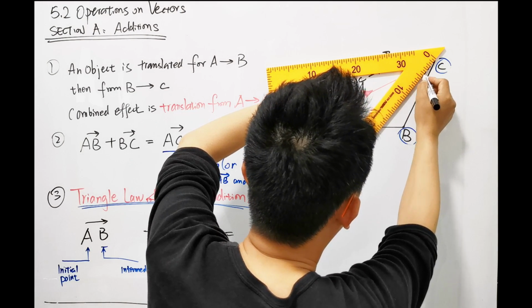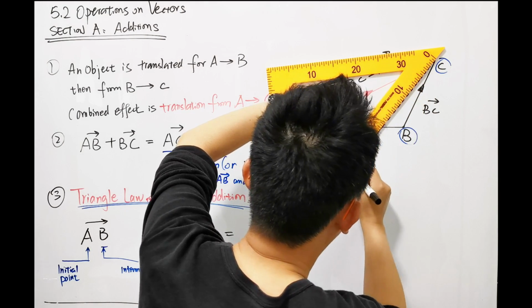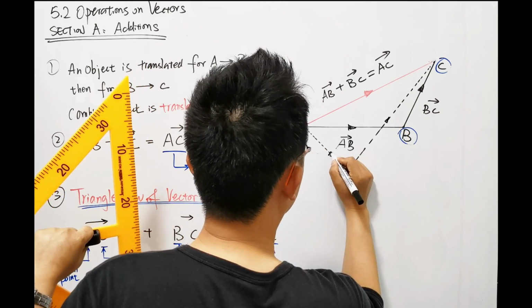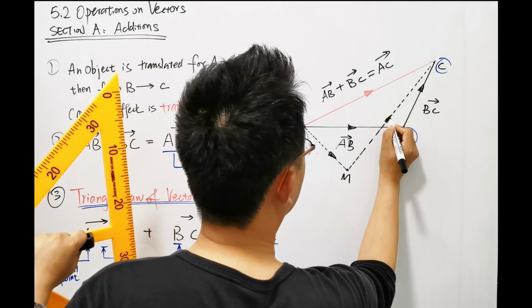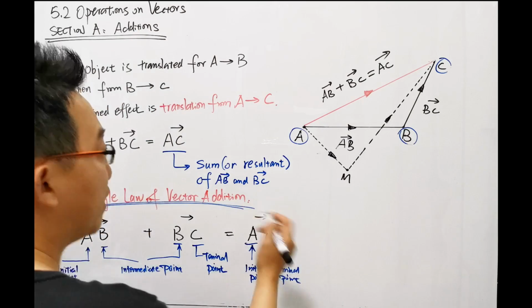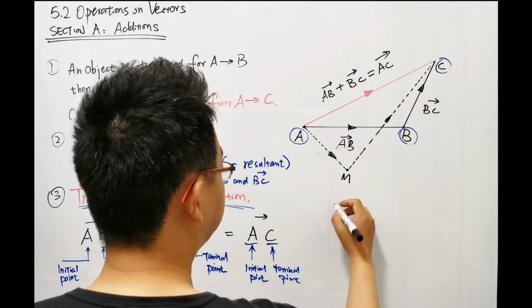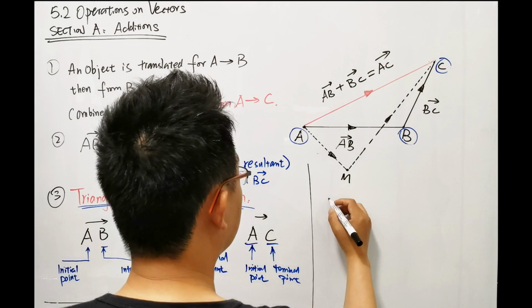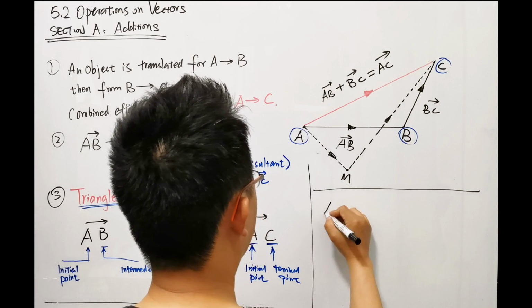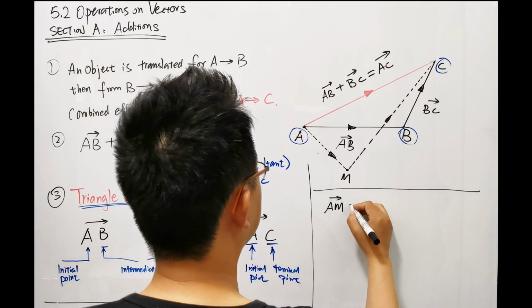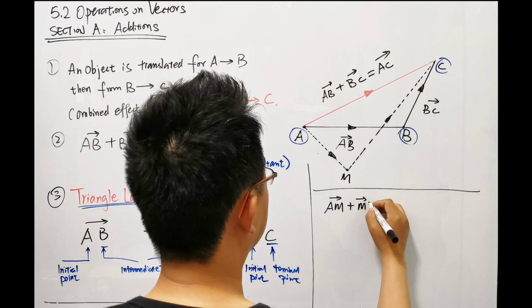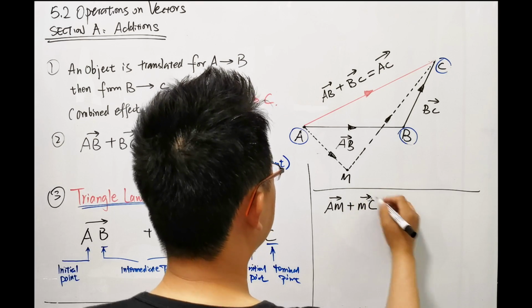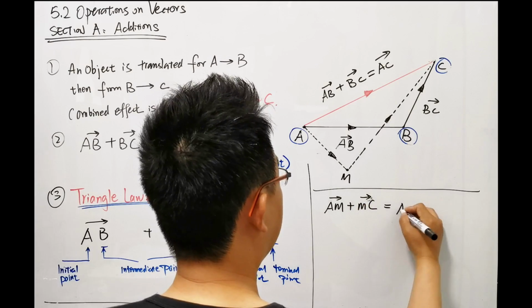So we also can see that AM plus MC also equals AC.